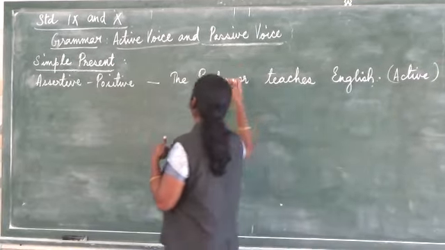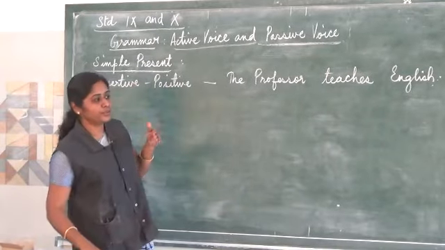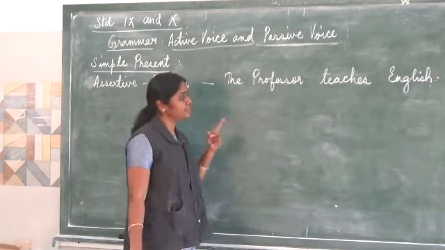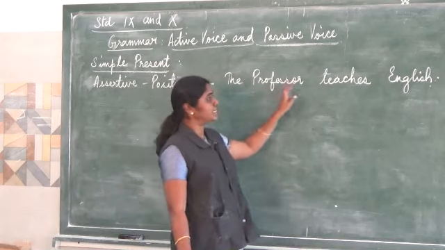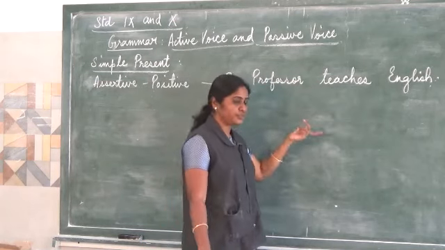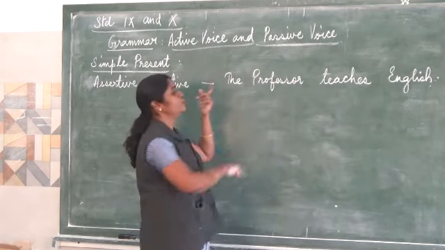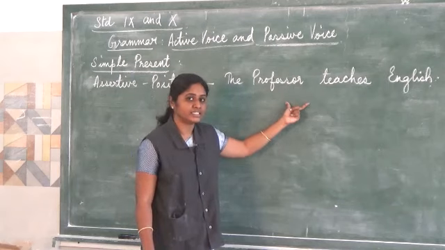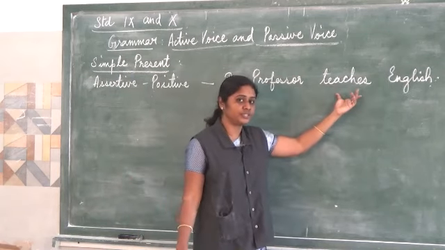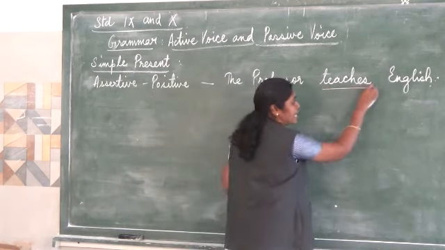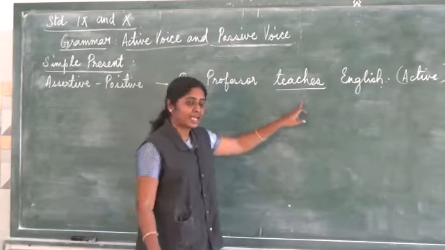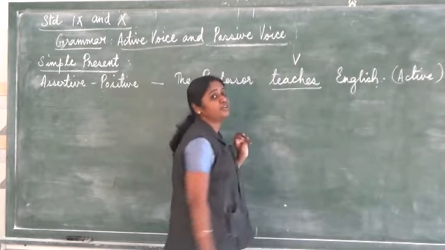Now to change the sentence into passive voice, if you remember, I told you last time, first you have to pattern the given sentence into subject, verb and object. Who is doing the action in this sentence? What is the action? Teaching is the action, and we name any action word as verb.